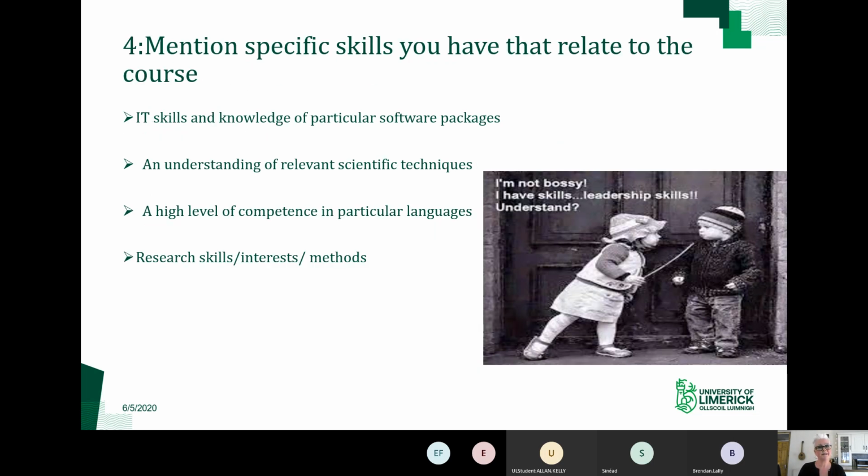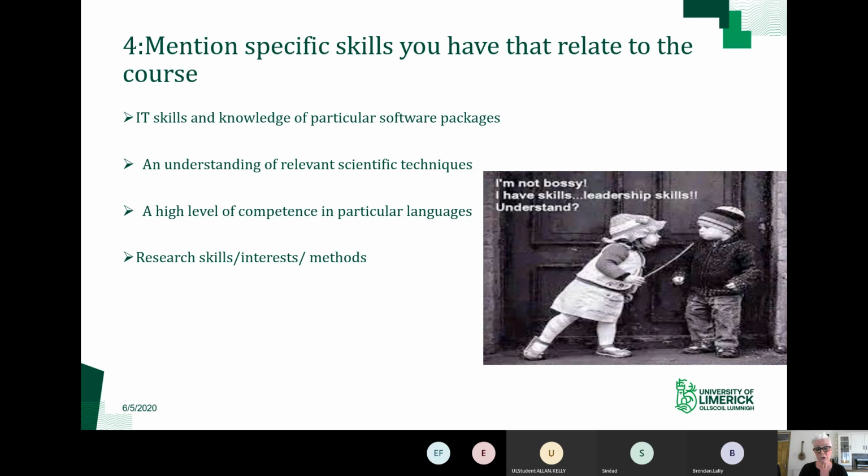Okay, so specific skills that relate to the course. Again, I work a lot with psychology students, so I would say things like SPSS, research methods, data analysis. Again, you need to think about specific skills that you've had. If it's a history master's or an English master's, you need to think about the specific skills that you have that relate to the content of the postgrad.